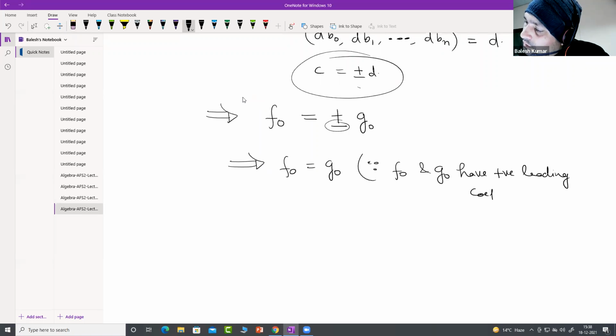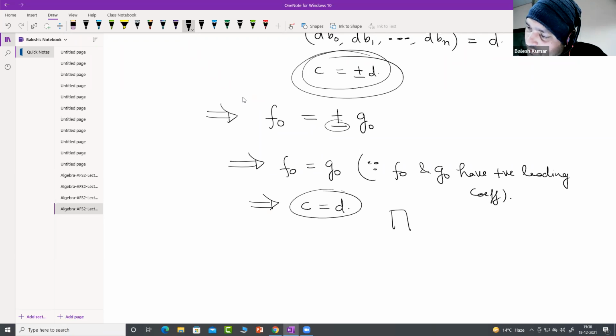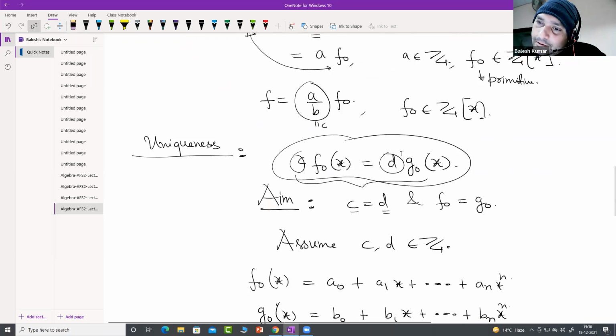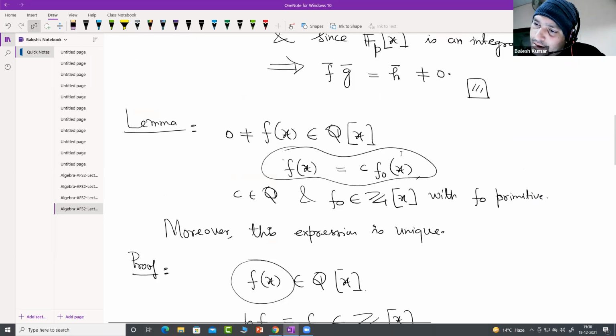And if f0 is equal to z0, then the ambiguity in the sign of c and d is also cleared, so c has to be equal to d.